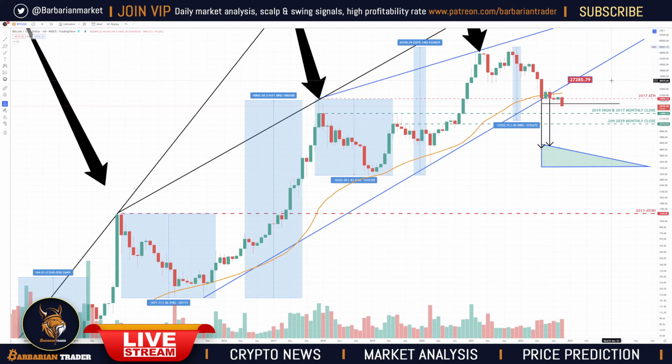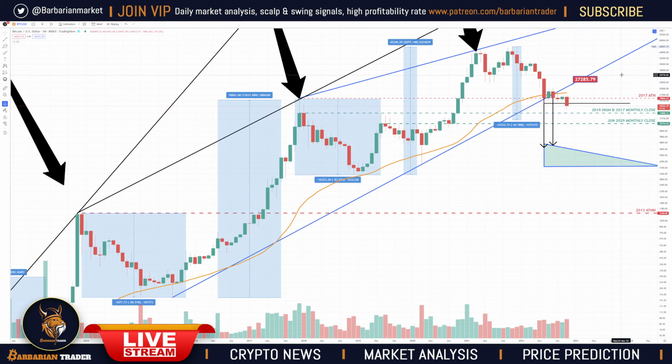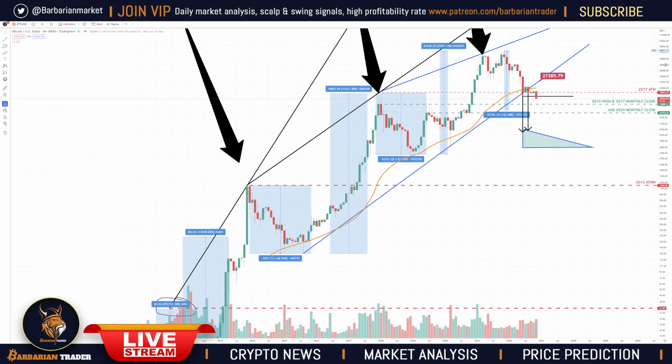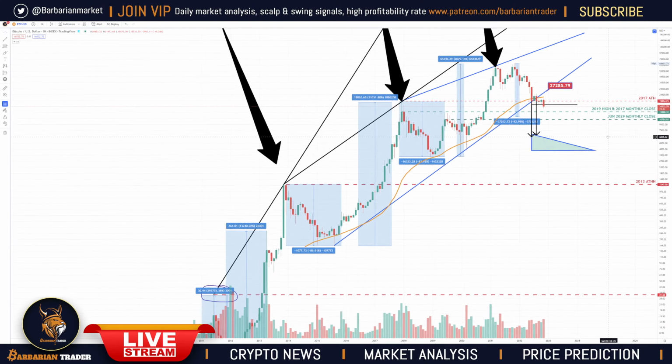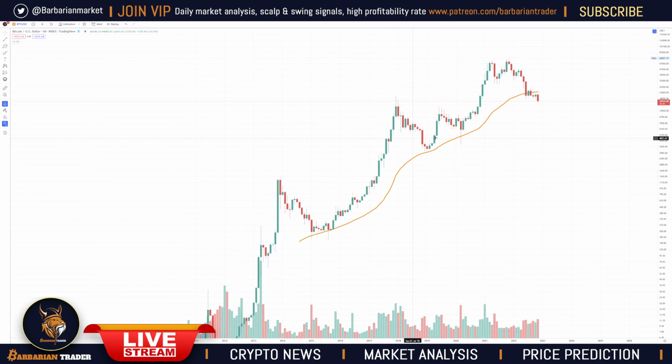So this is the monthly chart, logarithmic chart. And guys, we got so many confirmations of this bearish future that you cannot believe it. Before I continue, let me ask you something. Answer yourself or answer in the chat. Let me hide everything.